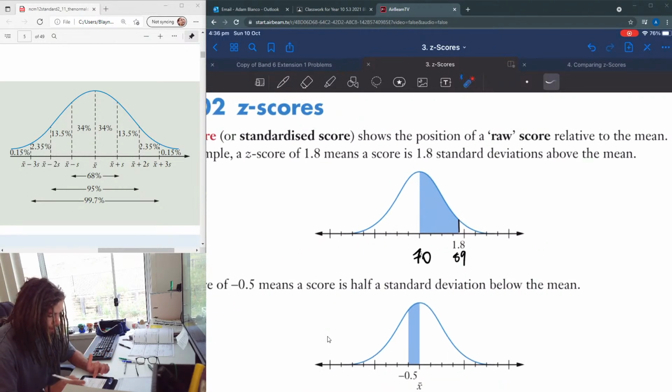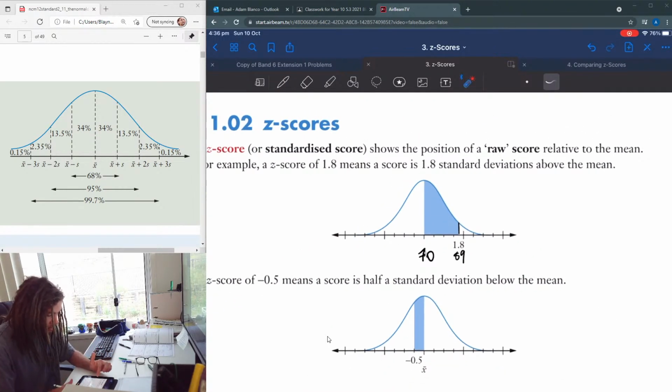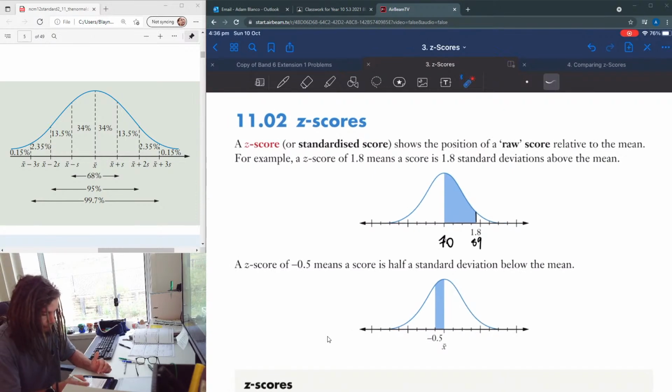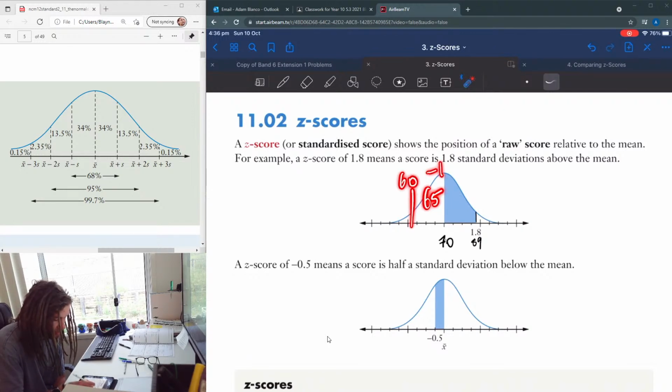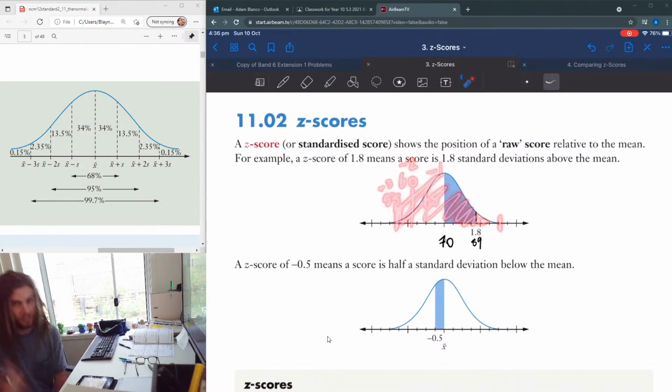So in other words, if you have a higher Z-score, something like 1 or 2 or 3, that means you're greater than the mean or greater than the average. If you're less, so let's suppose this person got 65, that would be a Z-score of -1. A score of 60 would be -2. A score of 55 would be -3. And then you'd expect that 99.7% of the scores would be between 55 and 85.